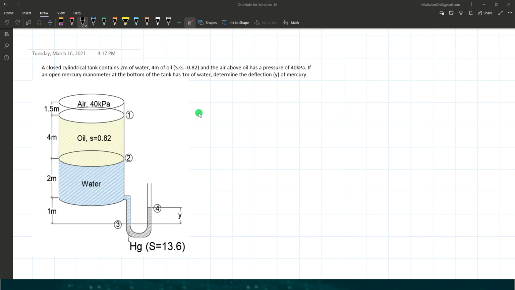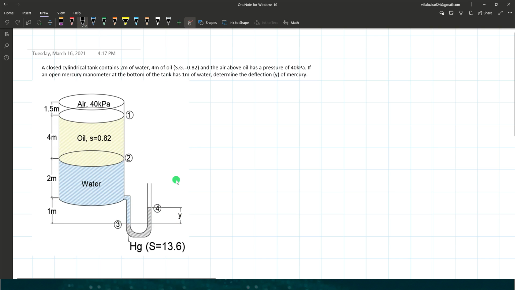Okay, problem number 3. A closed tank contains 2 meters of water, 4 meters of oil, and the air above the oil has a pressure of 40 kilopascal. If an open mercury manometer right here at the bottom of the tank has 1 meter of water, determine the deflection Y of mercury.